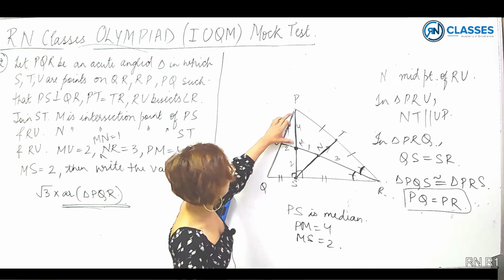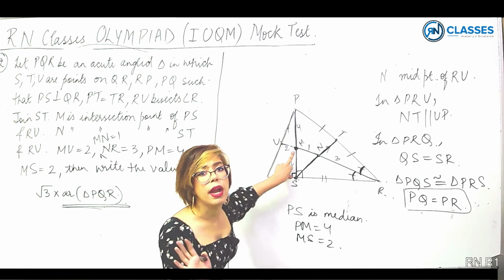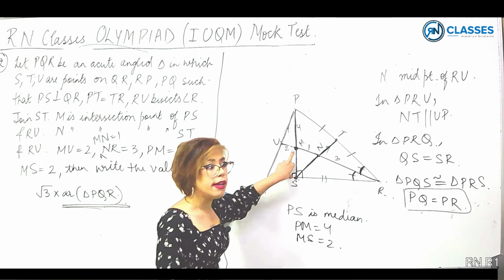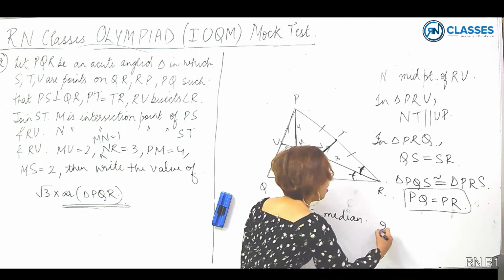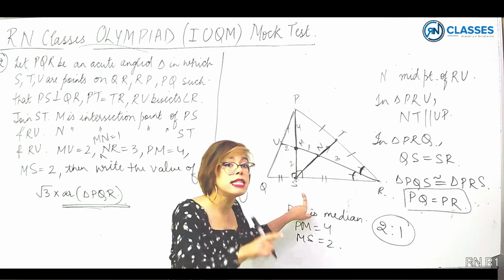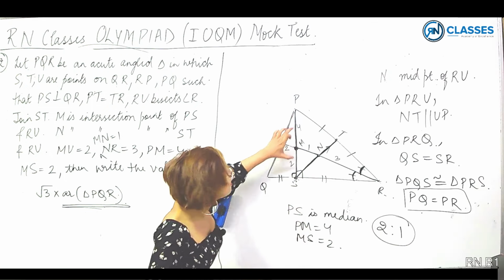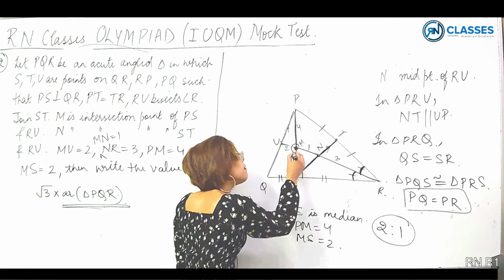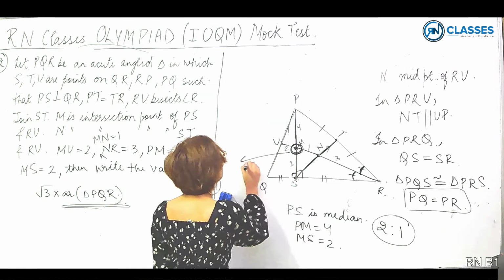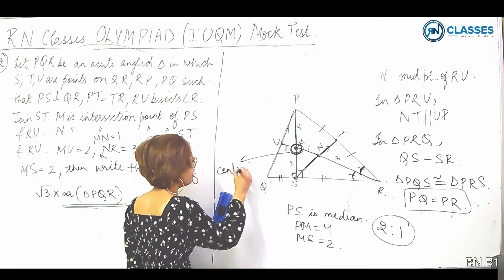That means the ratio is what? 4 by 2. M is the point which divides the median in the ratio 4:2, or in short, 2:1. There is a point on the median which divides the median in the ratio 2:1. That means this is a very special point. This point is nothing but the centroid of the triangle.